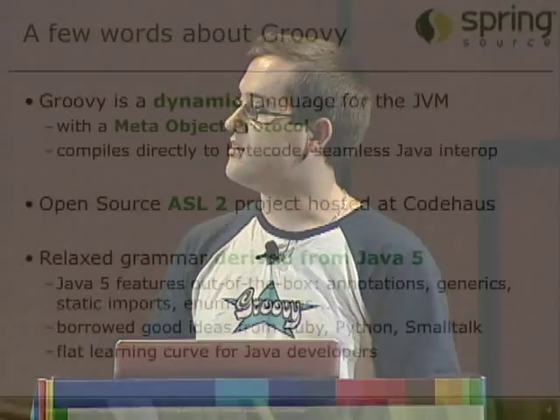So we even took the Java 5 grammar and kind of evolved it to make it a little bit more groovy, sorry for the pun, because we were a bit frustrated with Java, and there were many features we liked in other languages, and we wanted to bring those features to Java. So Groovy is kind of our own version of Java. And also, because it derives from Java 5, we also support features like annotations, generics, static imports, varargs, and so on.